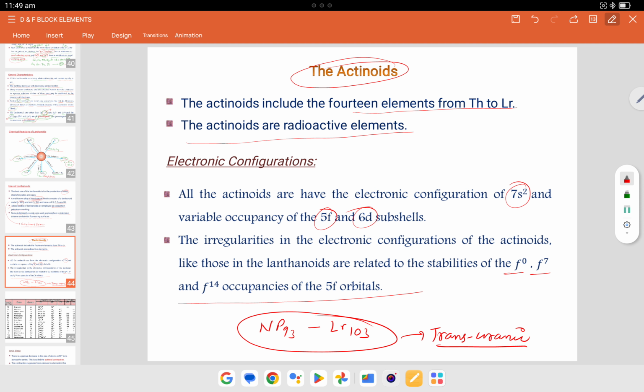Only thorium, protactinium and uranium are the natural elements. Thorium, Pa (protactinium) and uranium are the only natural elements. The remaining are man-made.